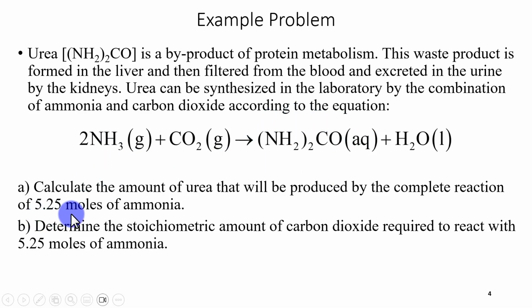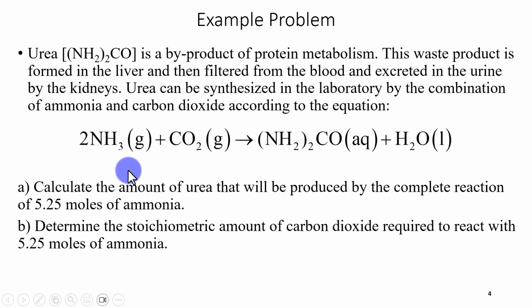I will start out with the amount that I'm given and then write my conversion factor in such a way that the amount of urea is going to be on top because that's what I'm asked, and the amount of my reactant, which I'm starting at the beginning, will be at the bottom so that it will be canceled out. I will work A for you in the next slide, but B, it says determine the stoichiometric amount of carbon dioxide that is required to react with 5.25 moles of ammonia.